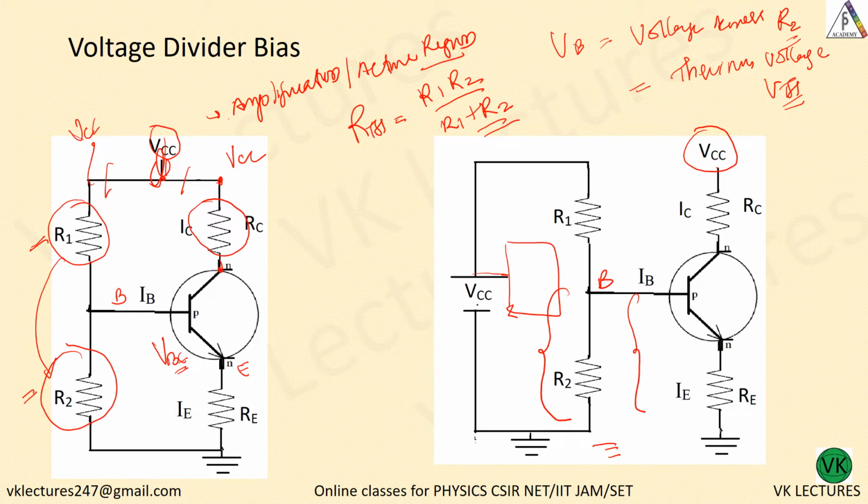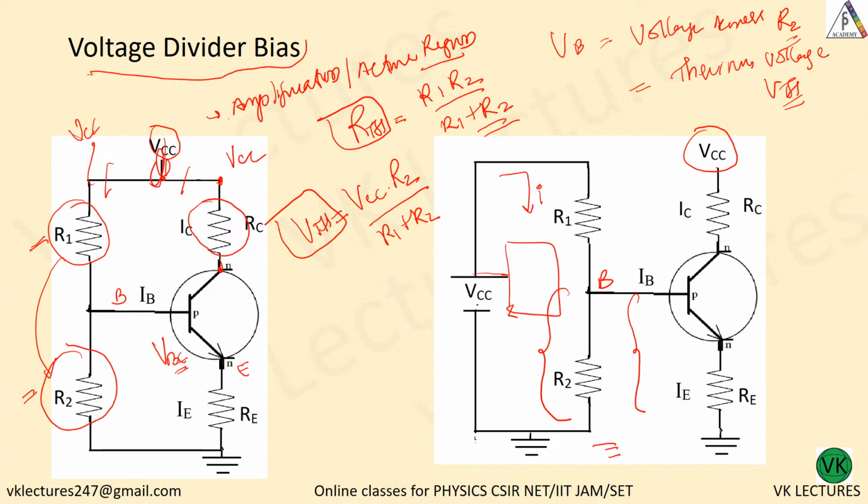Now what is VTH? VTH is equal to VCC into R2, voltage across R2, divided by R1 plus R2. Now VCC divided by R1 plus R2 is nothing but the current flowing through this loop. Correct? Now we have got RTH and VTH, and this is the first thing that you have to do when you are getting a voltage divider circuit.